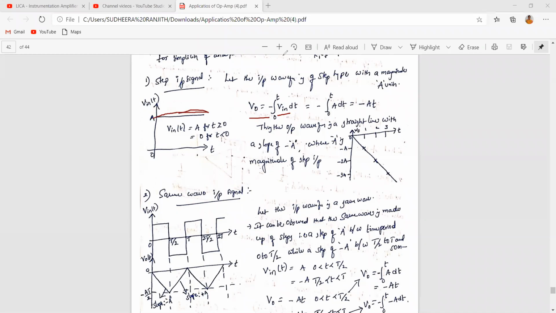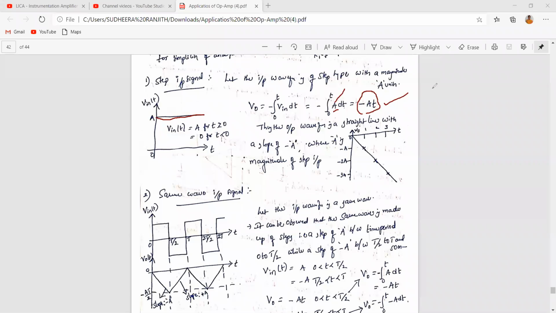A, which is constant. Step kada, so it is constant. If you integrate a constant term, A is taken out of the integral, and the integral becomes t. So V0 equals minus At. Is it clear?